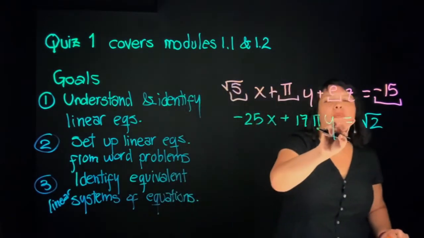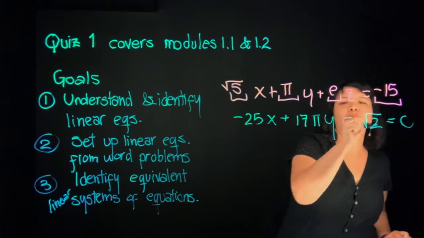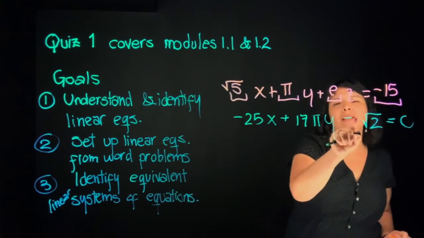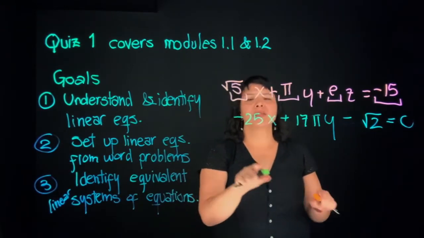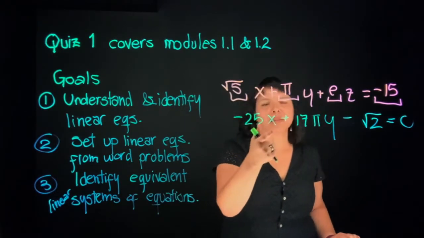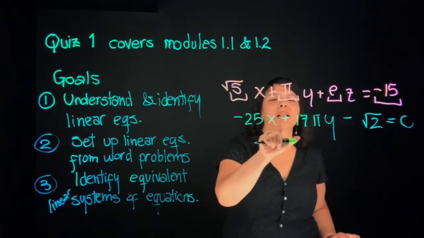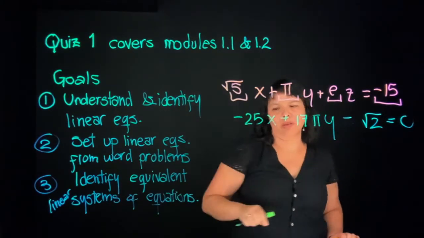Or I could even put minus square root of 2 equals 0. You do need an equal sign for it to be an equation. But the important thing is you have number times variable, coefficient times your variable, coefficient times your variable, and so on.